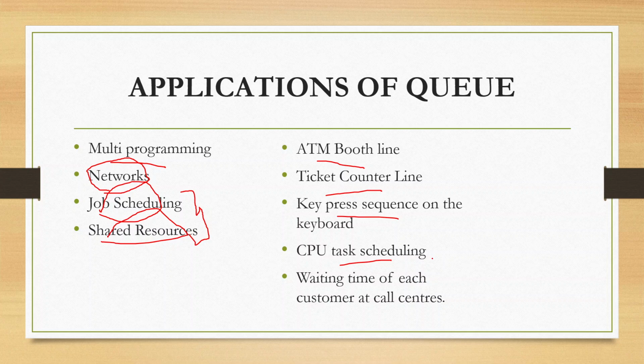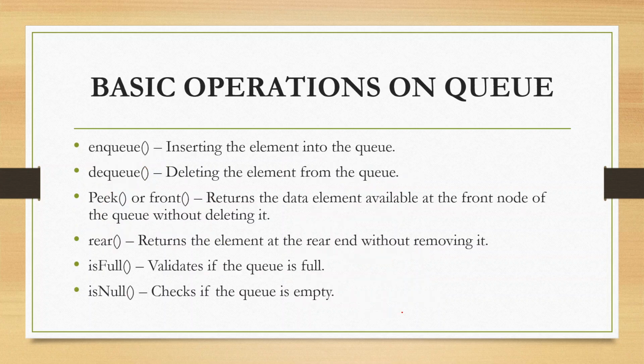So first in, first out. Then there is the waiting time of each customer at a call center. Multiple people can call a particular center at a time, so they will be waiting. That is where we use the queue data structure.